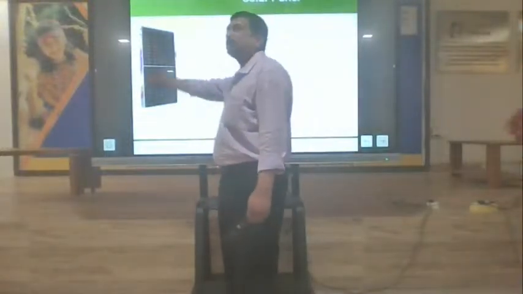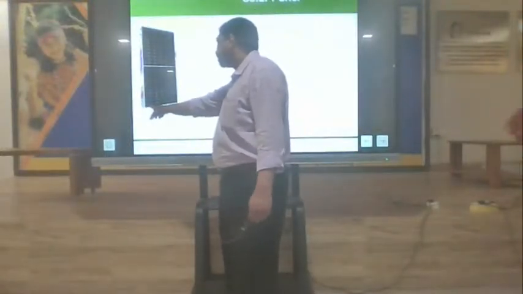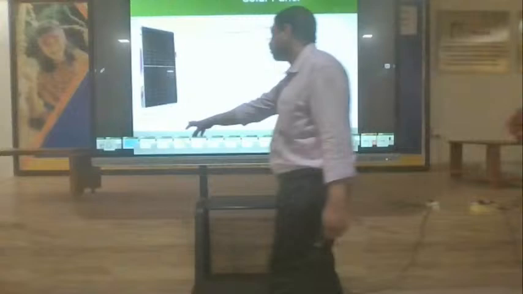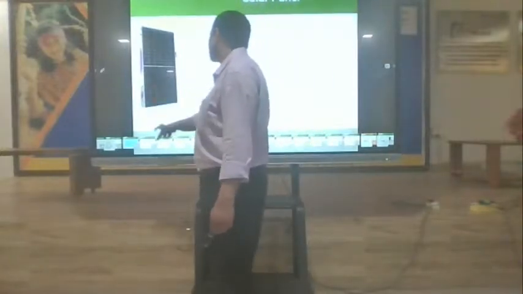Say this particular panel. If you see here, each one is a packed solar cell array. Here there are 144 modules which are connected.